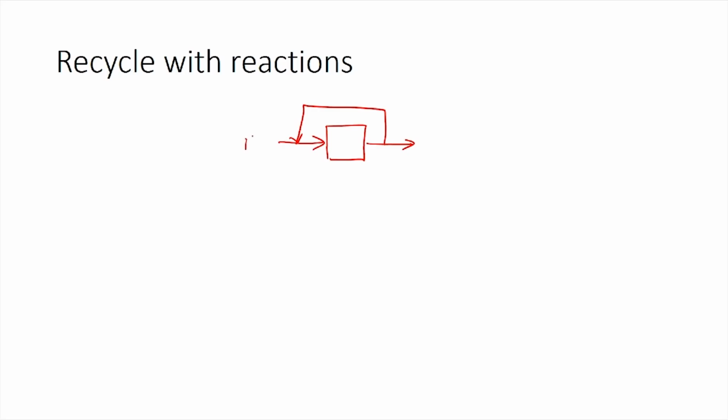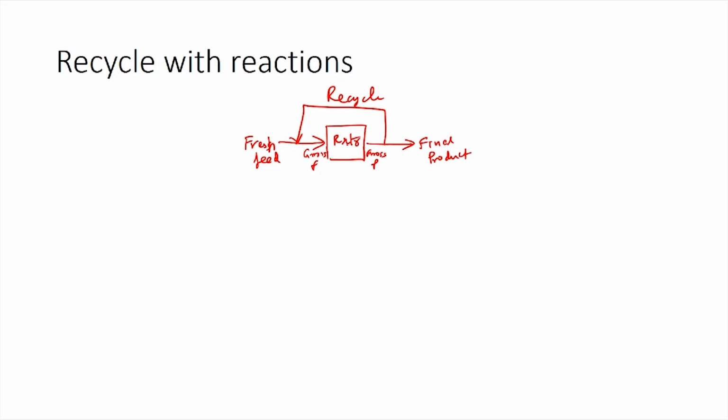So what you have here is the fresh feed, and this would be the gross feed, and again this would be the gross product, and this is the final product, and this stream is the recycle. So this is a standard flow sheet for any process with recycle. In this case we are assuming a reaction to happen, which means this would be a reactor.